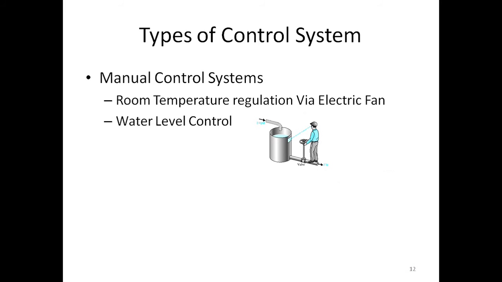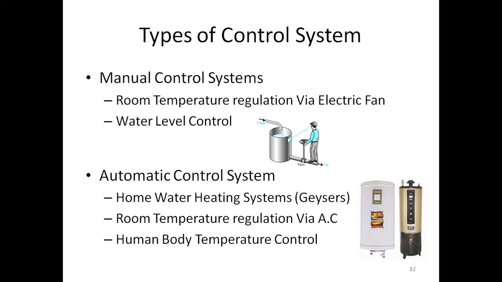Then next is the manual control system. Room temperature regulation, we just discussed. Then water level control. In the diagram, the man gets the desired water level, so he tries to shut the valve. If the desired water level is not reached, the valve remains open.